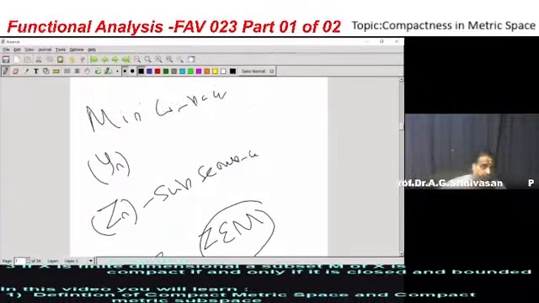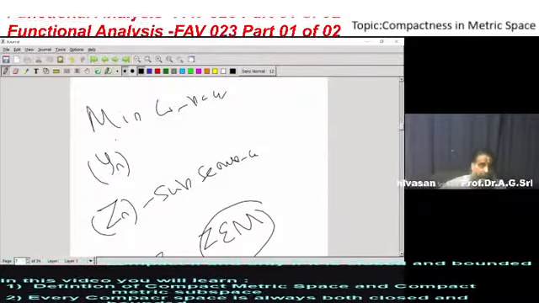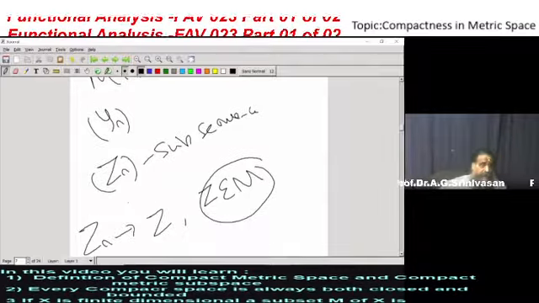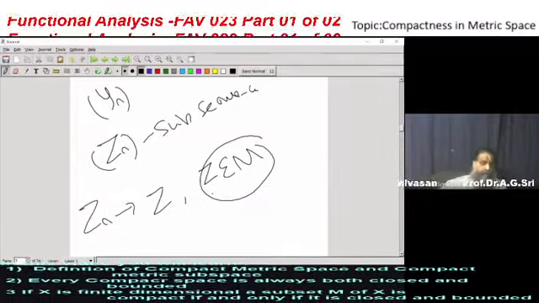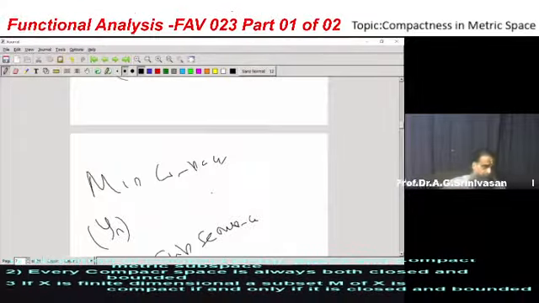Remember, Yn need not converge. But if M is compact, Yn will have a subsequence Zn such that Zn converges to a point Z where Z belongs to M. That is a very important notion you must understand in compact spaces.